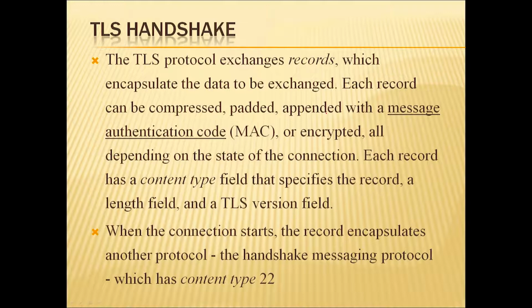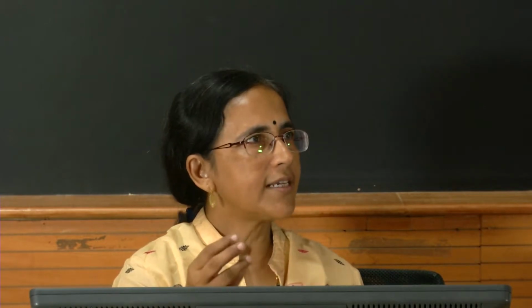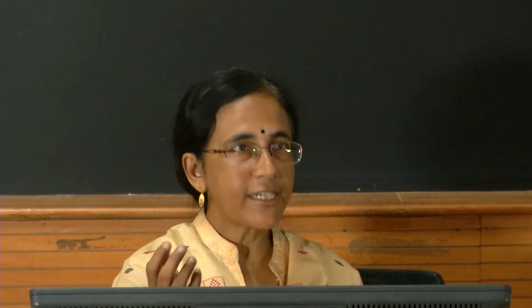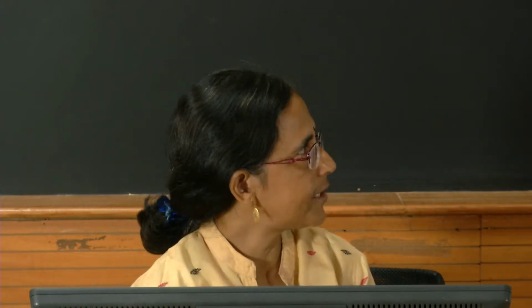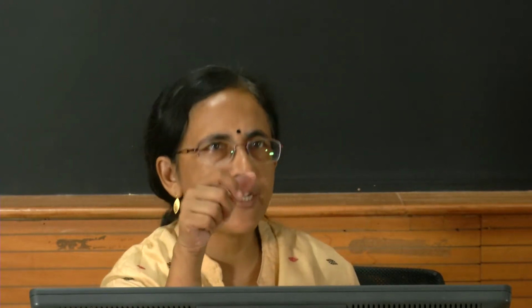The fixed number is 22. If 22 is mentioned, then either the client or the server understands that the data following is data for handshaking, that means maybe the choice of algorithms, choice of keys, like that. Otherwise, the content type may be something different, which will let it know that this is the actual payload or something else.